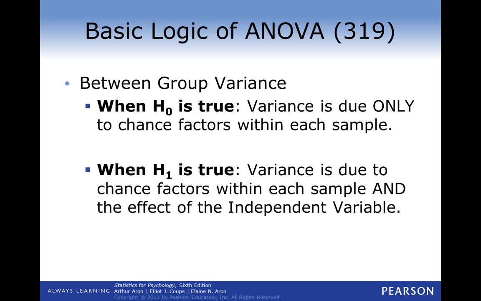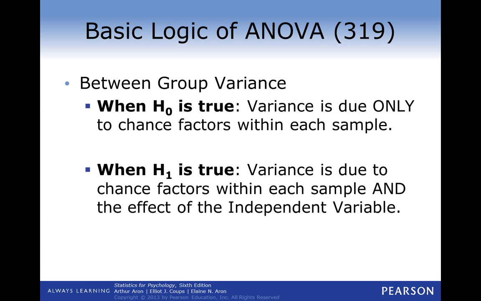However, if the null hypothesis is false, then any variation is due to the chance factors within each sample and the effect of the independent variable, because each group got a different level.